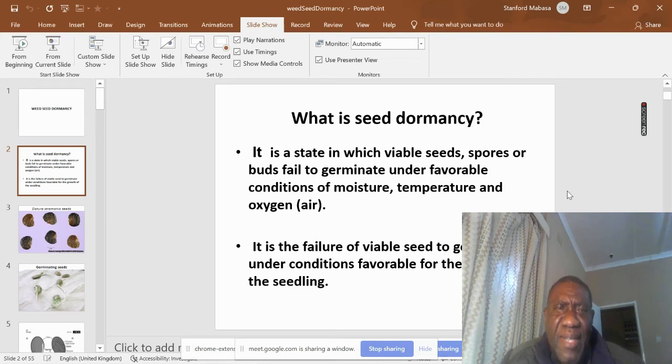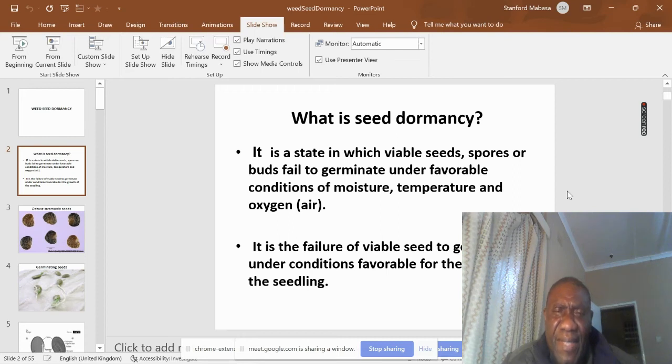It is actually a state in which viable seeds, spores, or buds fail to germinate even when exposed to conditions which are favorable in terms of moisture, temperature, and oxygen.